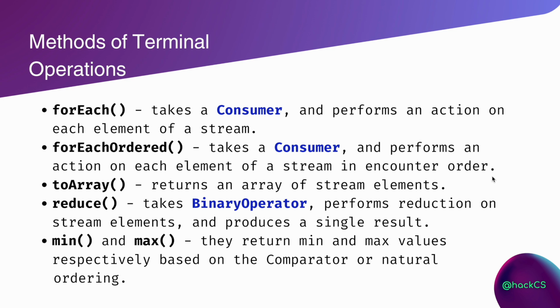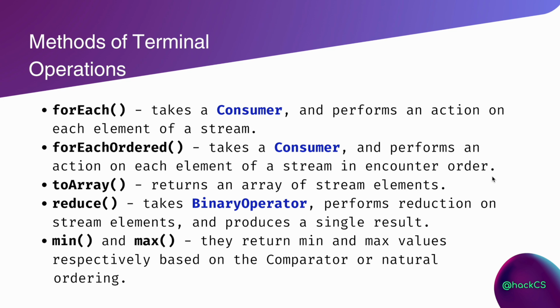We will cover all these things in a separate video, so don't worry. forEach takes a consumer and performs an action on each element of a stream. forEachOrdered does the same thing but in an encounter order manner. toArray returns an array of the stream elements. Reduce takes a binary operator, performs a reduction on the stream elements and produces a single result. Reduce is going to reduce my stream. Min and max, as the names say, min will find the minimum value, max will find the maximum value.